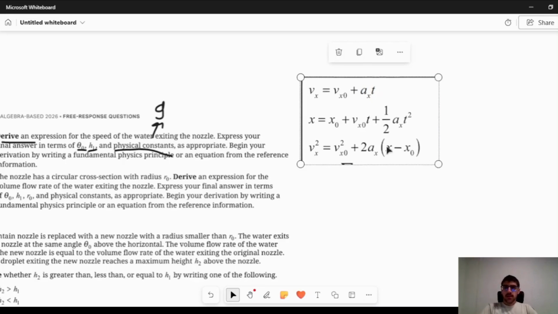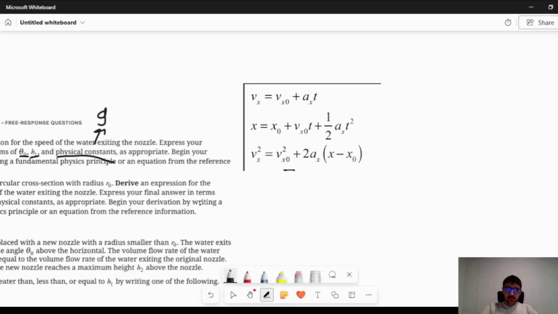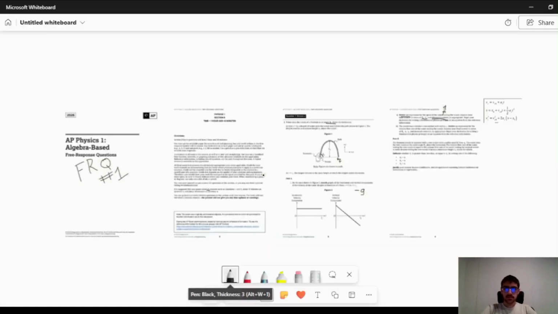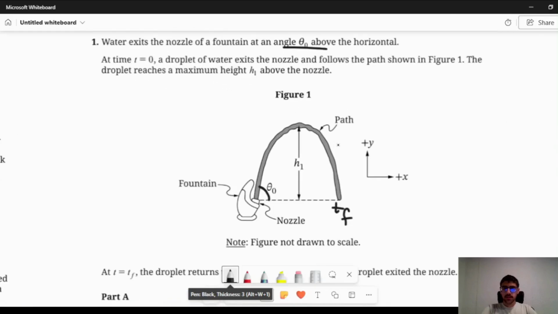So looking here, if we want the velocity as it comes out, we see that there's an angle. We can't just get the vertical component or the horizontal component, because that won't show it, because it's coming out at an angle theta.